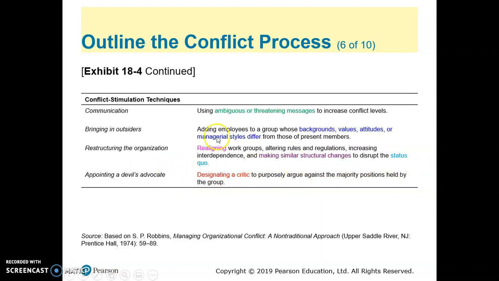So a devil's advocate normally criticizes anything regarding the majority positions, or something the majority of the employees hold, on things that cause a negative impact on the organization. So this technique could create more conflicts among employees in the organizations.